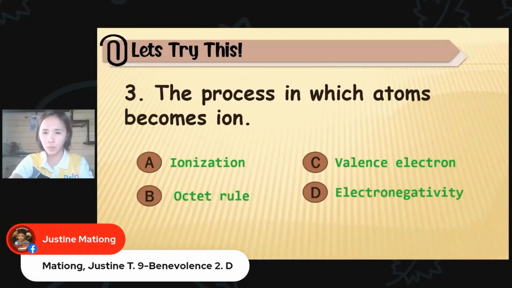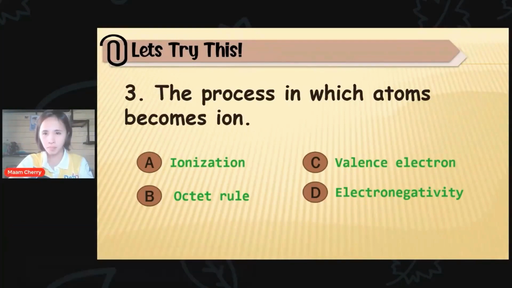Yung iba, 1 pa yung mga tinype, number 1 pa na sagot, or na-late lang sila ng type. For number 3, sana yung mga nag-comment na iba? Ayun, dami na pala. So, nalilate lang ako.